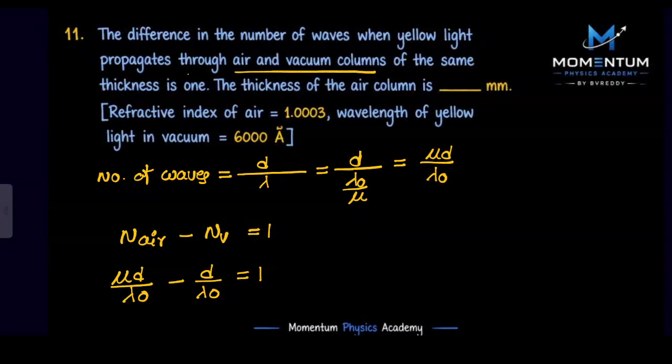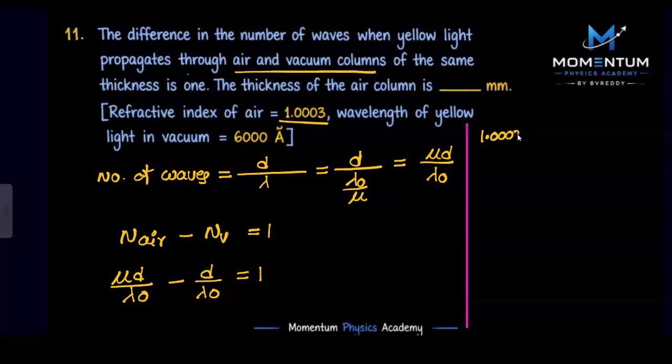Now, what are they asking to find? The wavelength in vacuum is given, so we should get the D value. The refractive index in air is given as 1.0003 into D by lambda naught.